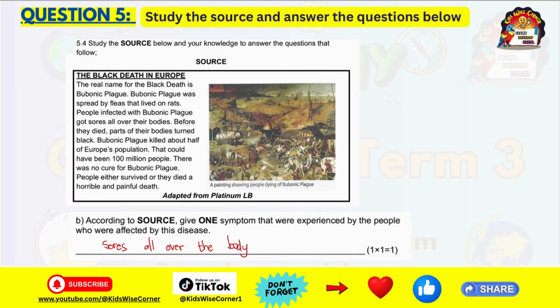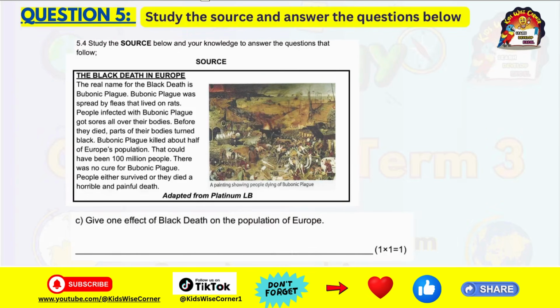And they had body parts turning black. Give one effect of Black Death on the population of Europe. The effect was it killed half of Europe's population.